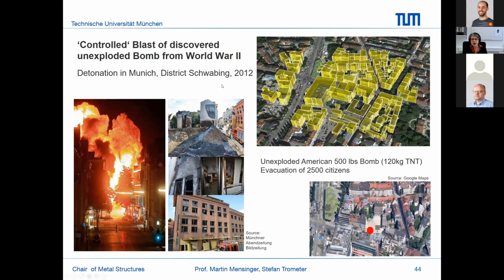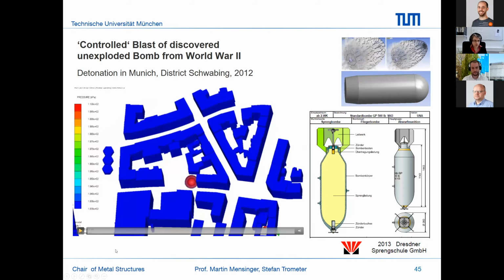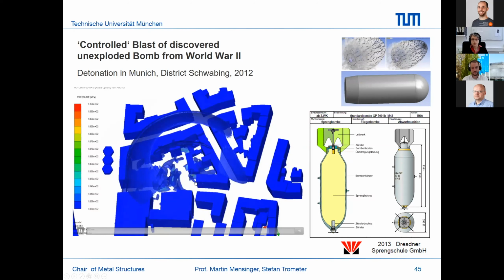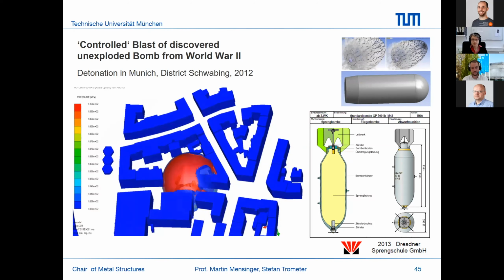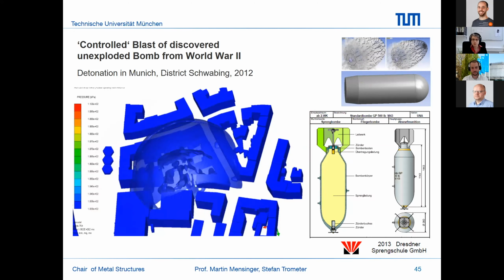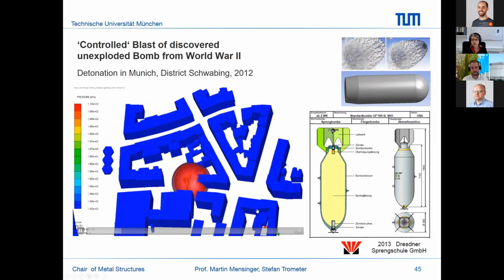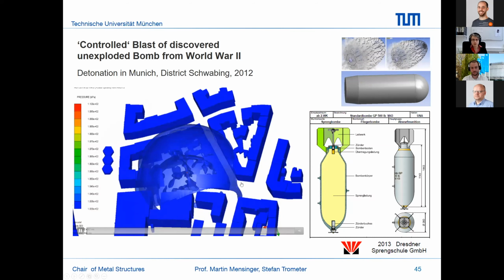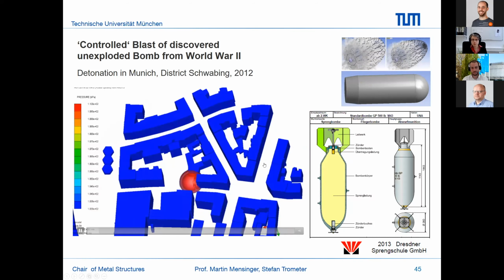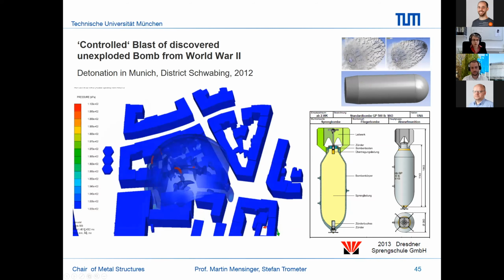And then afterwards, we made a project where we tried to simulate this bombing. So also using a city model, and you can see this here in this image, you can really simulate how this explosion wave propagates and which buildings might be affected and which areas might be affected, or from where people need to be evacuated to be on the secure side.